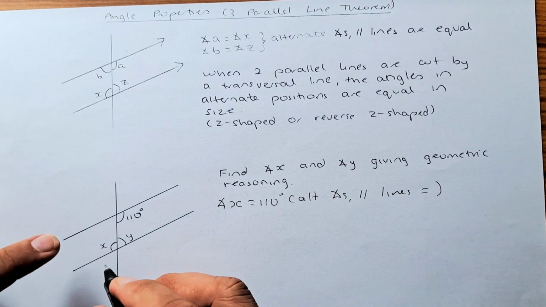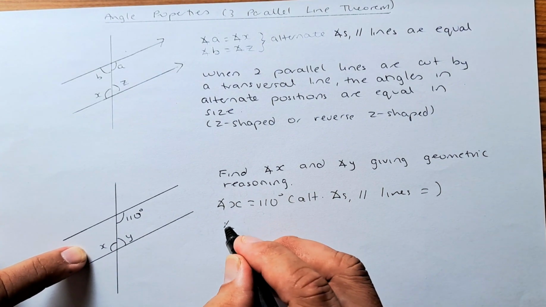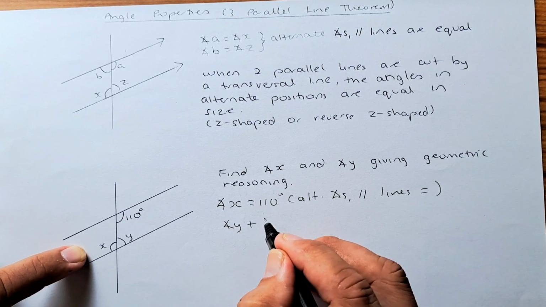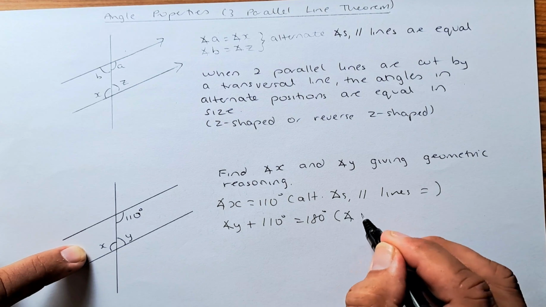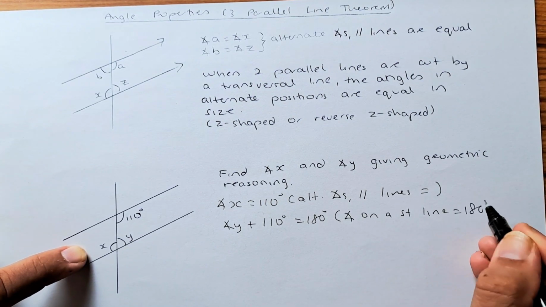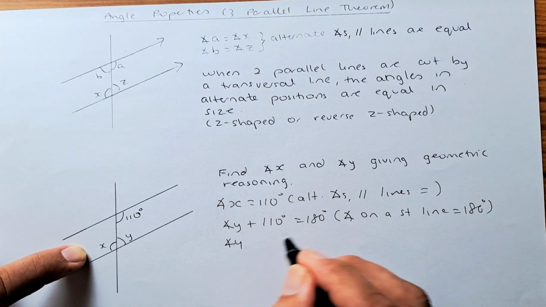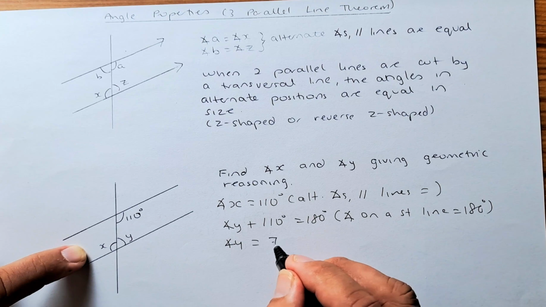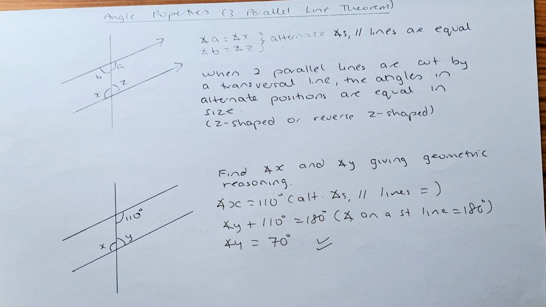Once you know X is 110, you can easily find Y, because angle Y plus angle X, which is 110 degrees, must add up to 180, because they are angles on a straight line. To solve for Y, you take 180 minus 110, angle Y is 70 degrees, and again, that will be 2 marks in the exam.